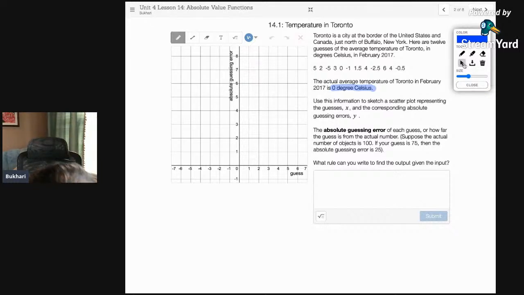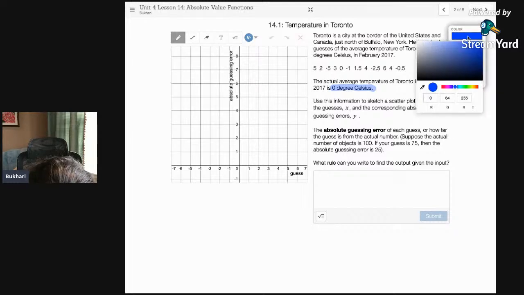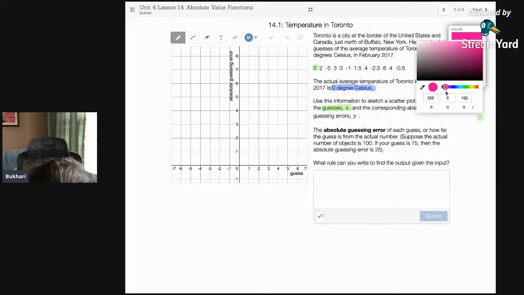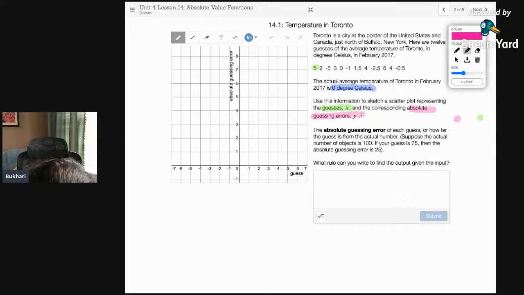Let me label these so you can see them more clearly. My x value is my guess, which in this case is 5, and my y is my absolute guessing error, how far it is from the actual number itself. So at x equals 5, I am 5 away from my value of 0.